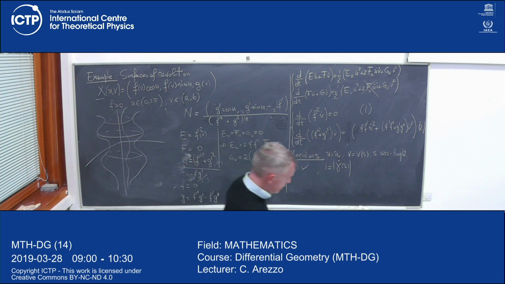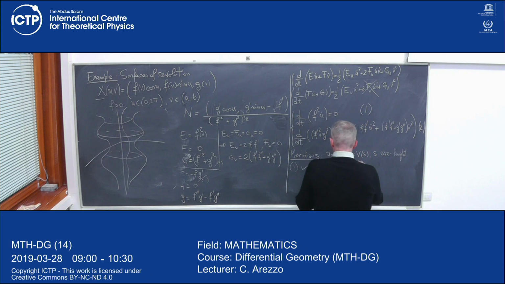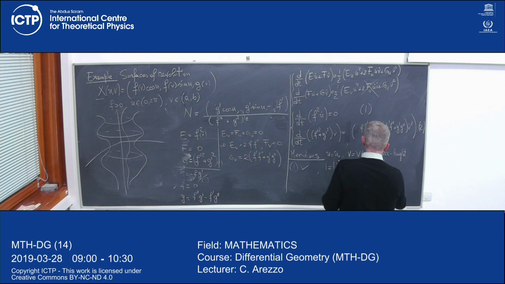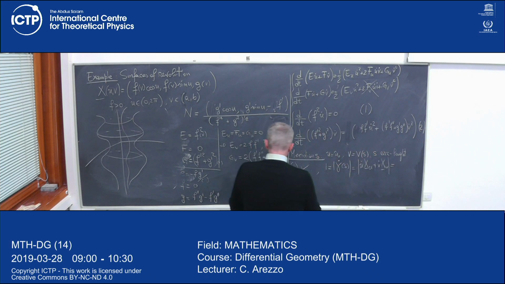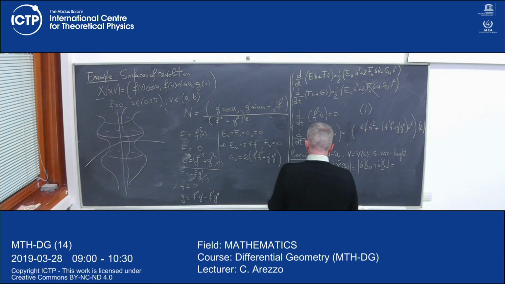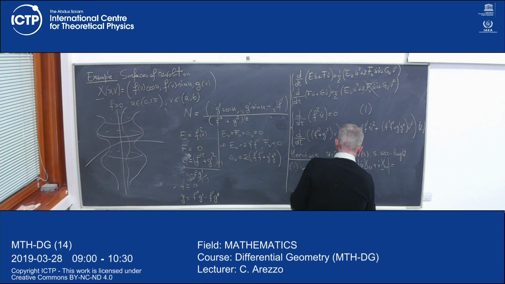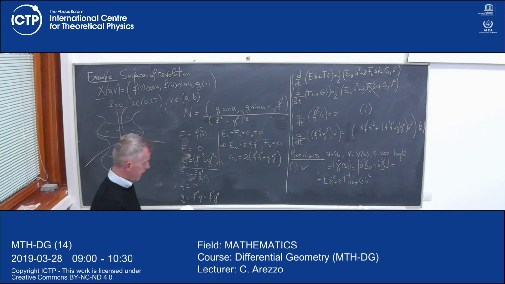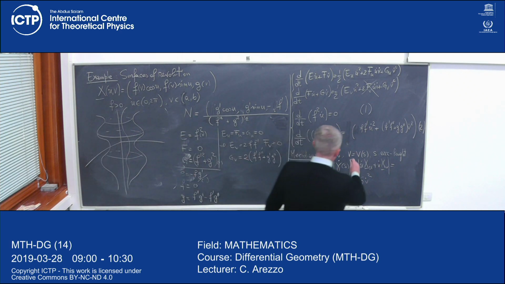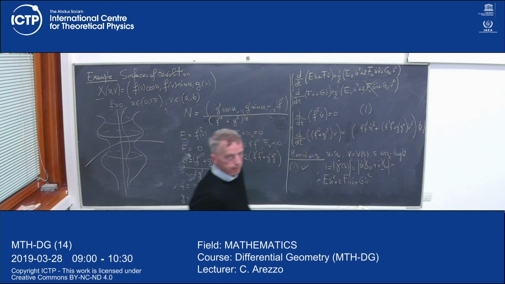So this is the norm of u dot x_u plus v dot x_v, a computation we did already many times. So this becomes E u dot squared plus twice F u dot v dot plus G v dot squared. Okay, so let's compute the norm squared. Right?